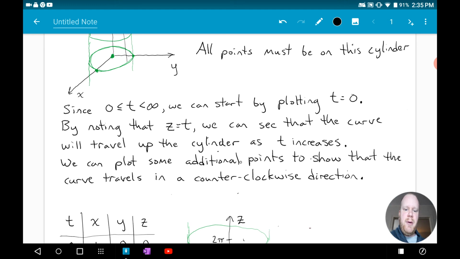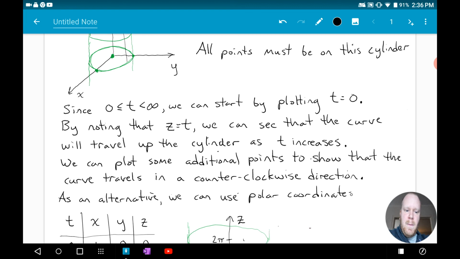Just plotting these points is maybe a little bit of an inconsistent way to figure out which direction this would be spiraling. So as an alternative, we can use polar coordinates to come to the same conclusion.